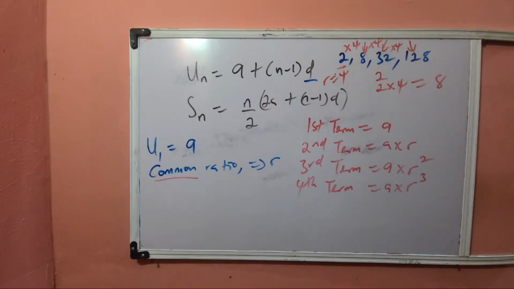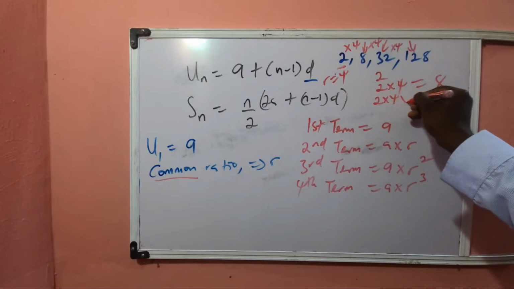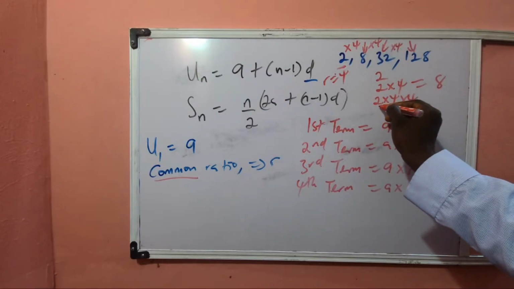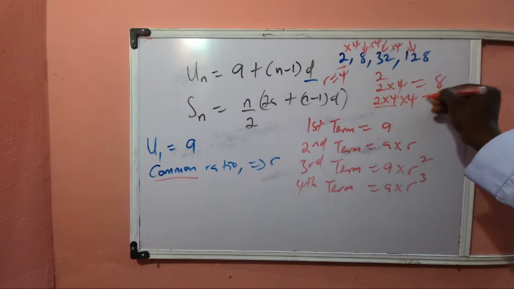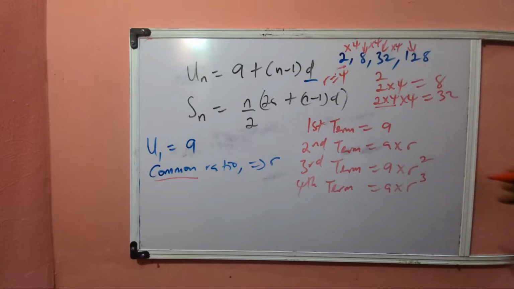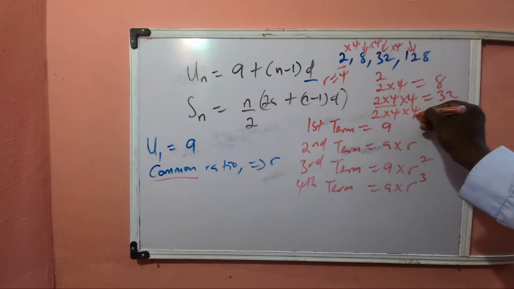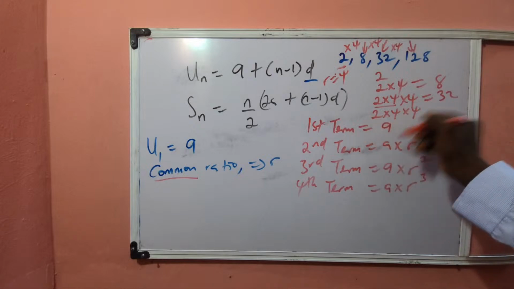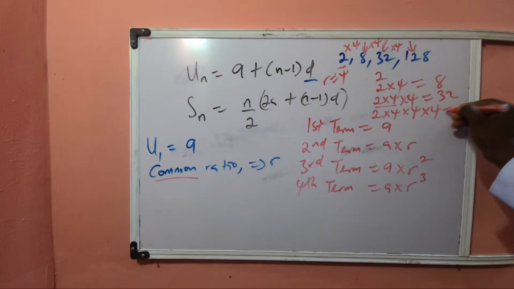When I wanted to do the term after that, notice I did 2 times 4 times 4. That means whatever was the second term, I multiplied by 4. That was how I got 32. And then for the next term, I had 2 times 4 times 4, this was the third term. Then I multiplied by another 4. Of course, 2 times 4 times 4 was 32. And you saw I got 128.